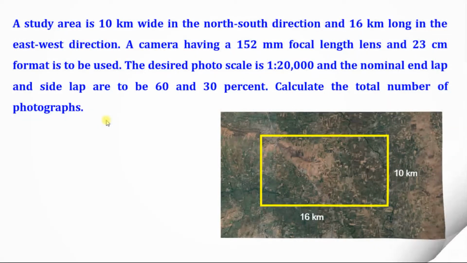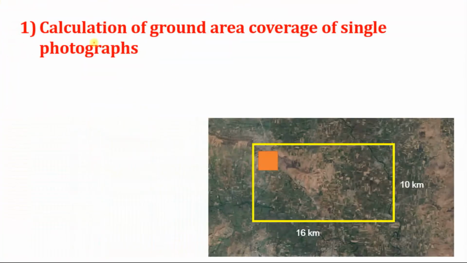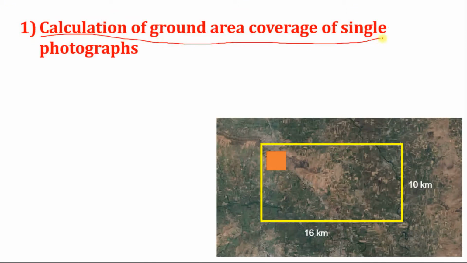Now, first is the calculation of ground area coverage of a single photograph. If we calculate the ground area coverage of a single photograph, it is suitable for the calculation of other photographs. So this is the width of the study area, and this is the length of the study area.